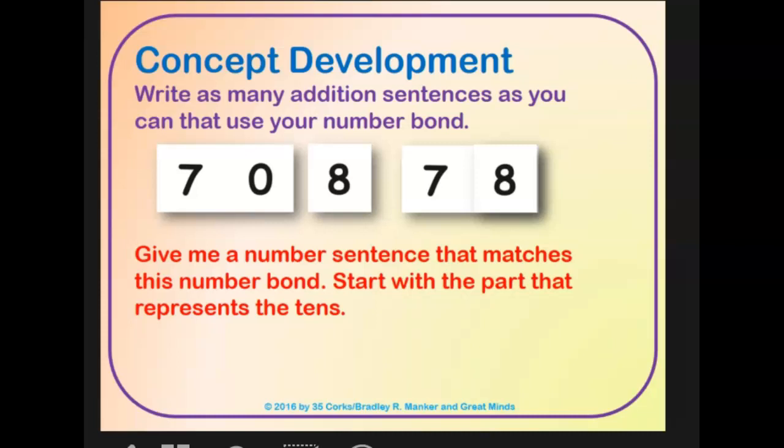I had 8 1s, but can I just write 7 here? If I put 7, what am I saying? That 7 plus 8 equals 78, and that is not true. So I have to make sure when I do my number bond that I show that it's 70, not 7 10s, okay?